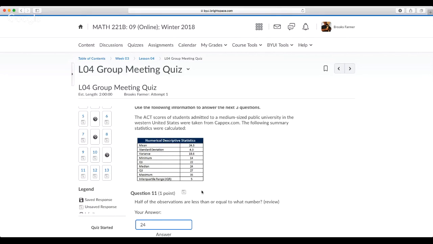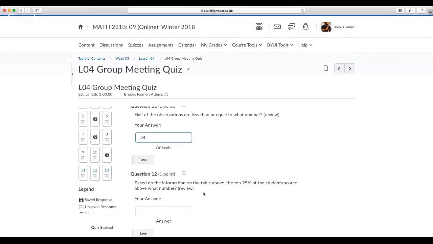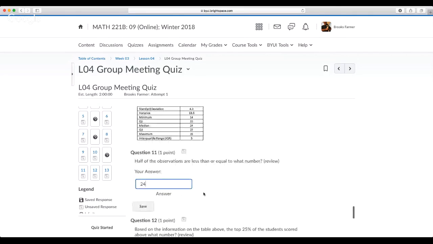Correct me if anyone thinks I'm wrong, but Q3 is 75%, and 24 is 50%. And then it says there's 5 numbers in between those. So that's where I'm getting 29.